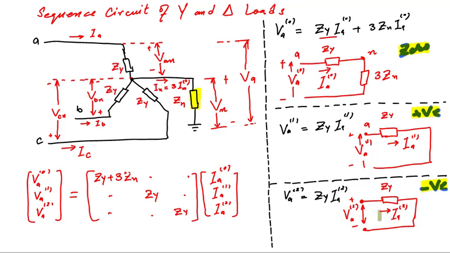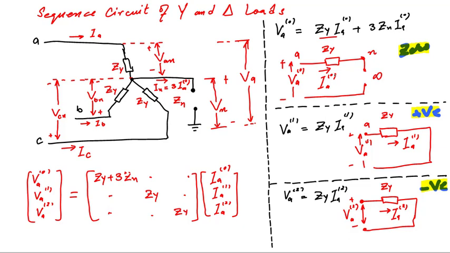They will remain as they are, whether this neutral is present or not, whether this neutral is connected or not, or whether this impedance is there or not, because they are independent of the neutral to ground connection. So now if the neutral is floating in this Y connected load, then the zero sequence circuit will become like this if I make this neutral open. The 3Zn impedance will also become open in this circuit, that is infinity.